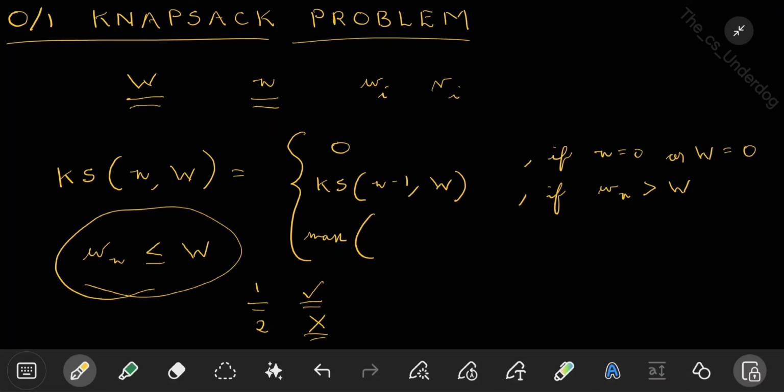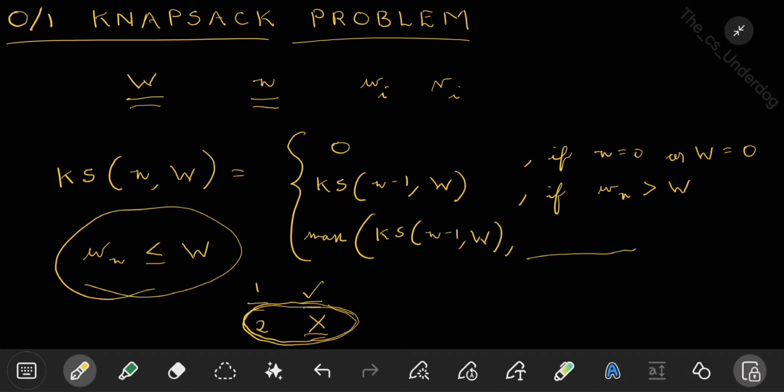Maximum of, first case is knapsack of n minus 1, W. This is the first case, that is not included. We are done with this case. In case you are not including, you can include the remaining n minus 1 items and use the complete W capacity of the knapsack.